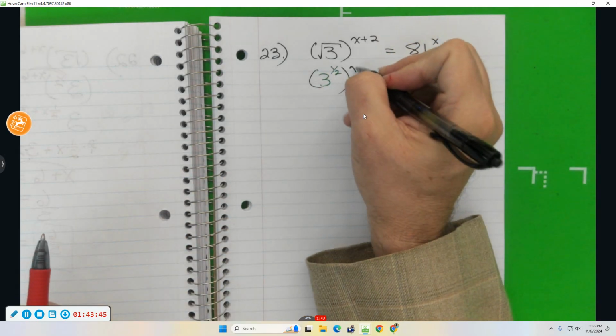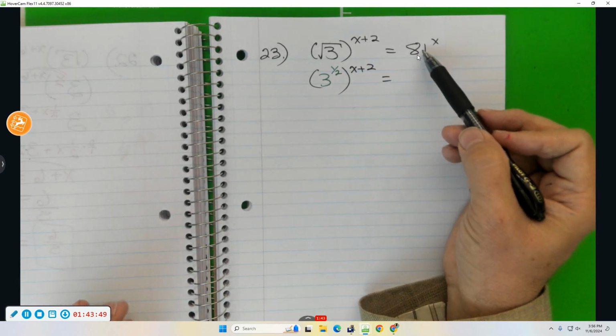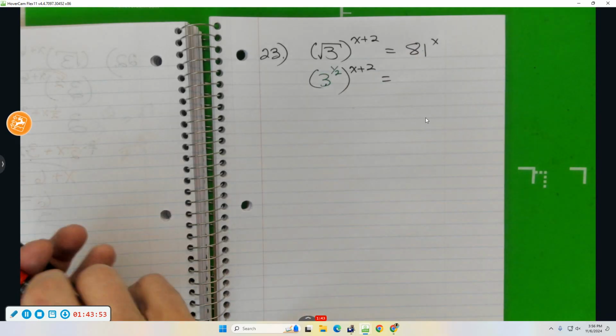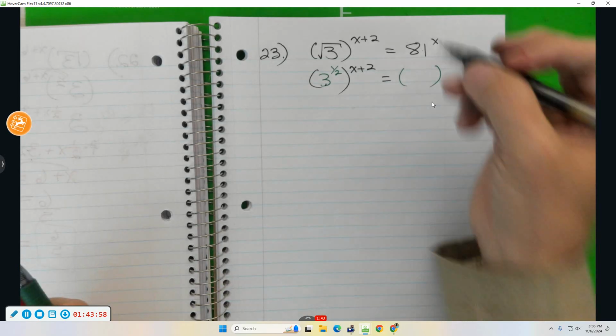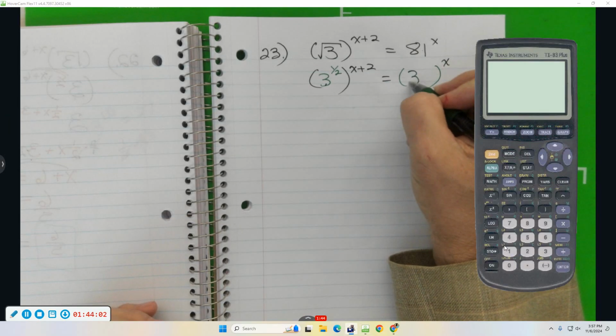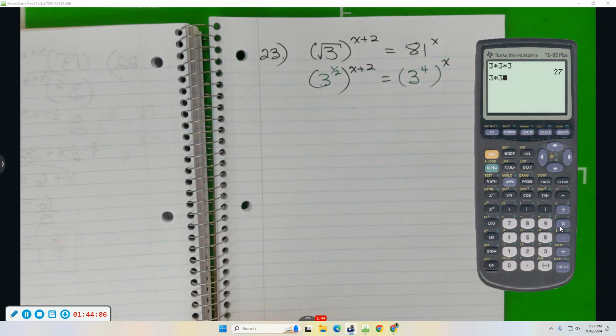And we still have that x plus 2 there. 81, we need to write that as a power of 3. Three to what power gives you 81? 3 to the 4th power. See, 3 to the 4th is the same thing as 9 times 9, isn't it? That's why 3 to the 4th is 81.